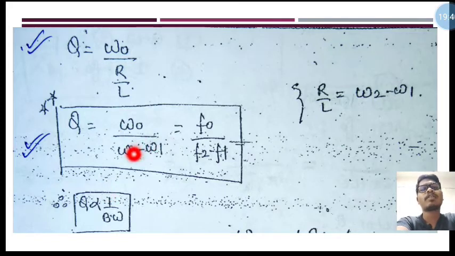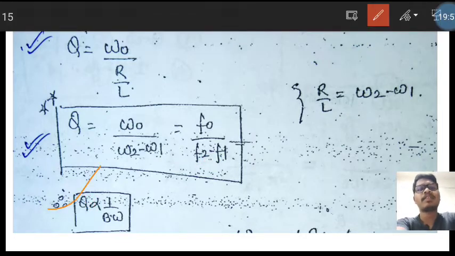That is why omega 2 minus omega 1 is our bandwidth, and frequency f2 minus f1 is also our bandwidth. So quality factor Q is equal to omega 0 divided by omega 2 minus omega 1, and f0 divided by f2 minus f1. This is the actual formula. Please remember that one, then only you will be able to find this.